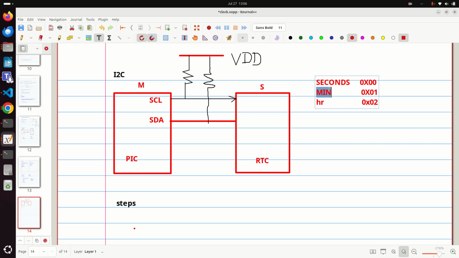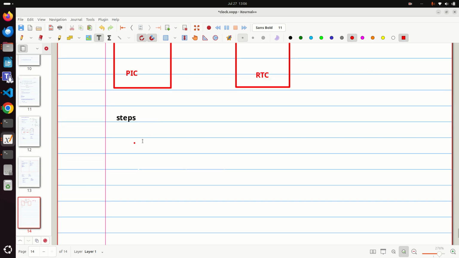So when master wants to communicate with the slave, what is the first step it has to do? It should check whether the bus is idle or not, isn't it? That is the first step.